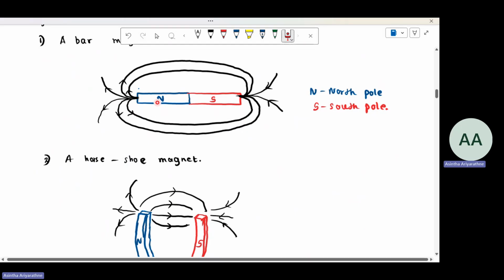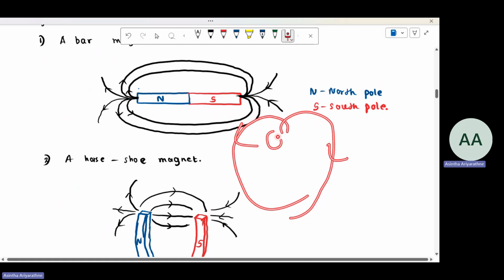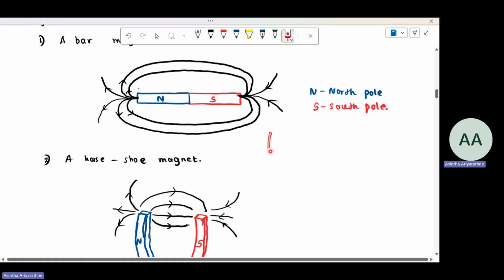The north pole and south pole notation comes from the Earth's magnetic field. Earth is subjected to a magnetic field, and that field starts from the north pole towards the south. That's why the starting point of the magnetic field is called the north pole, and the other end is called the south pole.